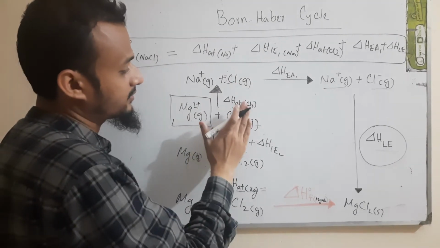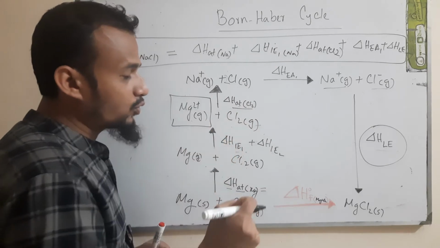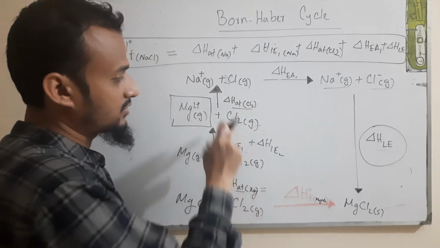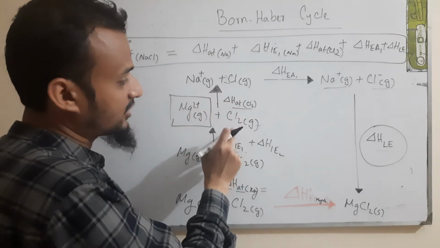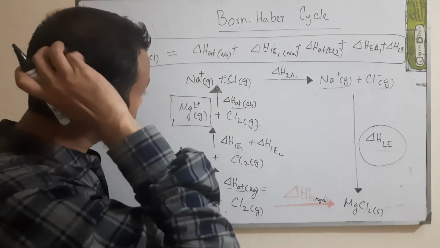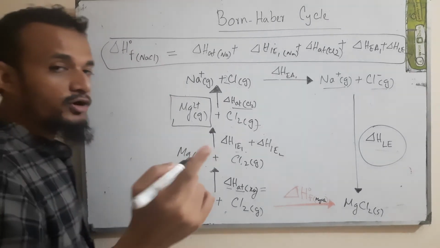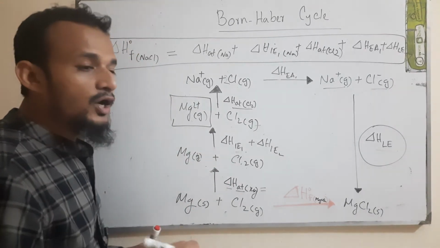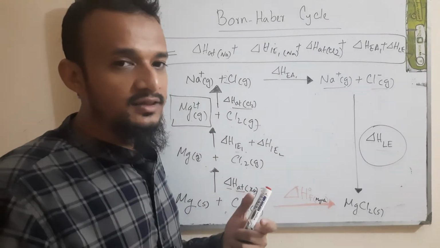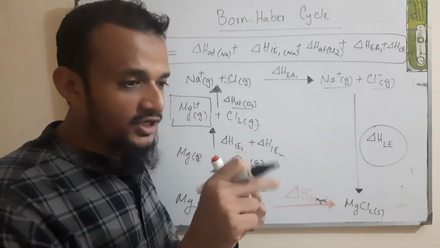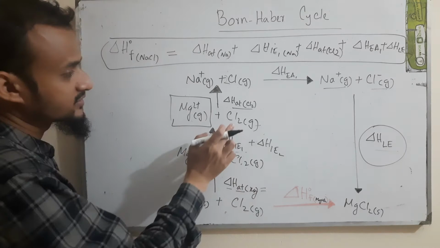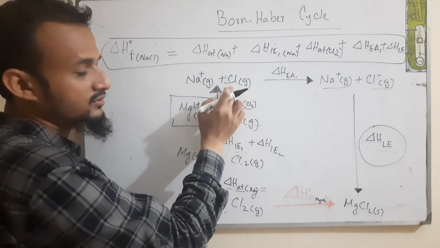So here the value of atomization of this Cl2 to 2Cl will be equal to the bond energy, not half. When we did NaCl, we had half Cl2, so we made the bond energy into half. But here Cl2, you are making 2Cl.